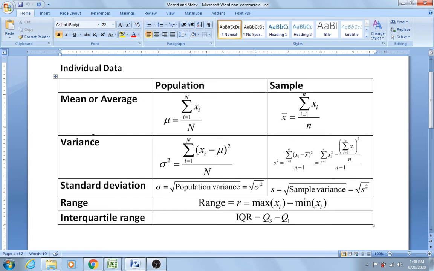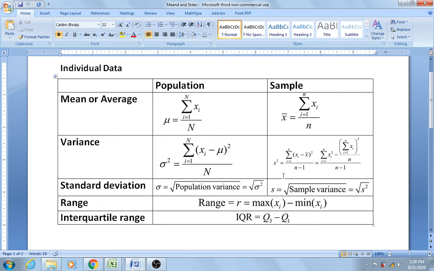And variance is the measure of the variability of the data relative to its mean. The notation for the variance for the population is sigma square, and the notation of the variance for the sample is s square, the small s square.